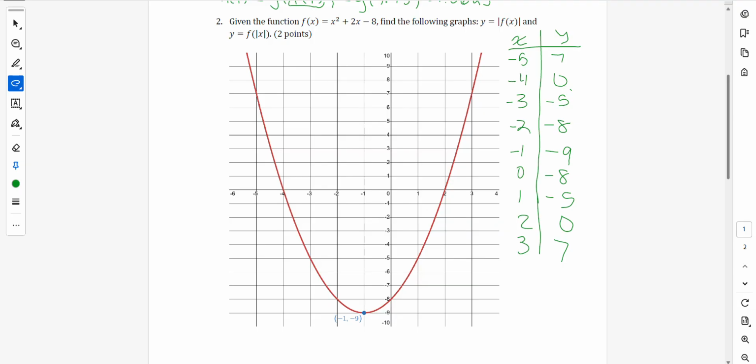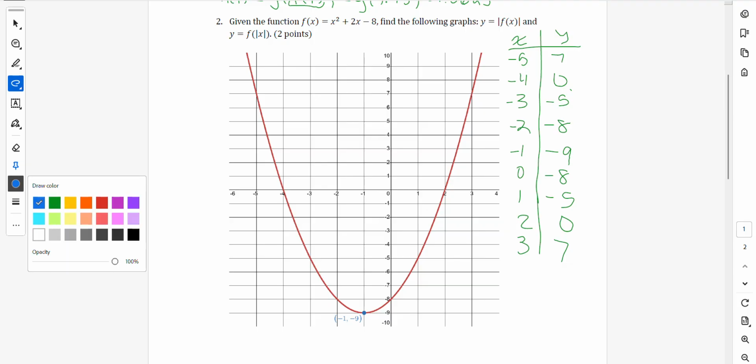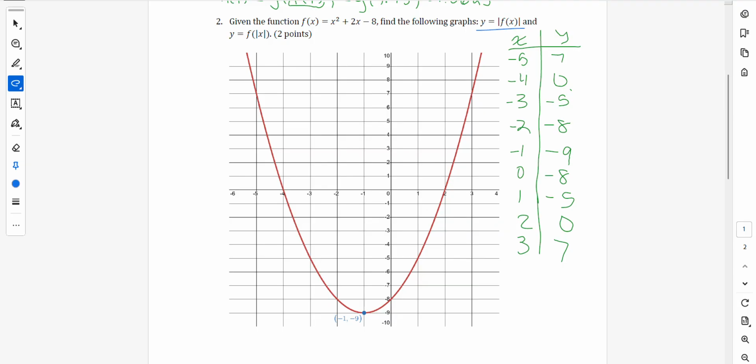I will put this in blue. That would be the same. But then now, -3 would be +5. -2 would be +8. And -1 would be 9. And then it's symmetrical, which is nice.